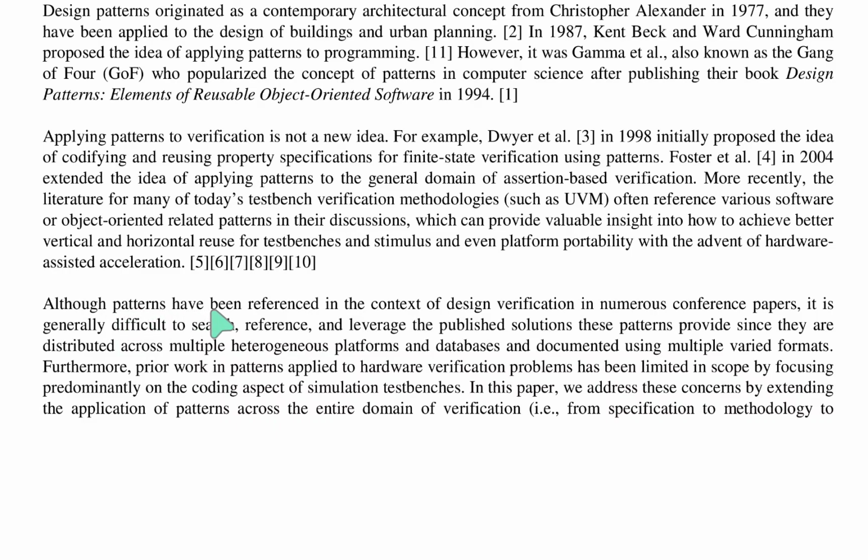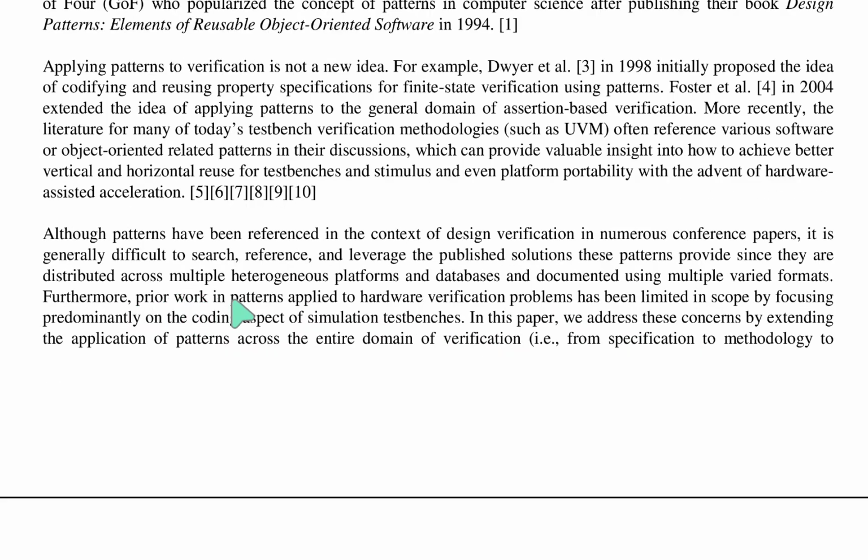Although patterns have been referenced in the context of design verification in numerous conference papers, it is generally difficult to search, reference, and leverage the published solutions these patterns provide, since they are distributed across multiple heterogeneous platforms and databases and documented using multiple varied formats. Furthermore, prior work on patterns applied to hardware verification problems has been limited in scope, focusing predominantly on the coding aspect of simulation test benches.